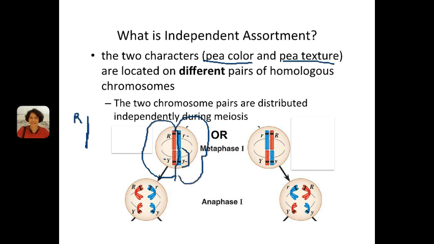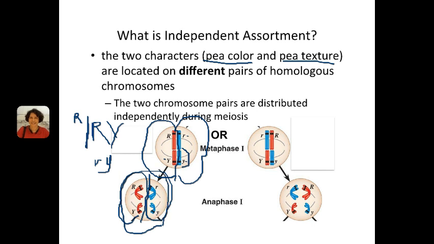So on one side you've got big R and big Y, and on the other side you've got little r and little y. And look over here, when the chromosomes separate from each other, one daughter cell is going to get big R and big Y, and the other daughter cell is going to get little r and little y.